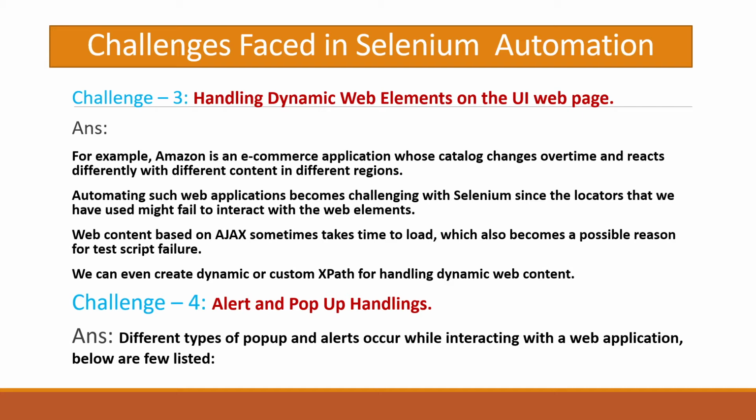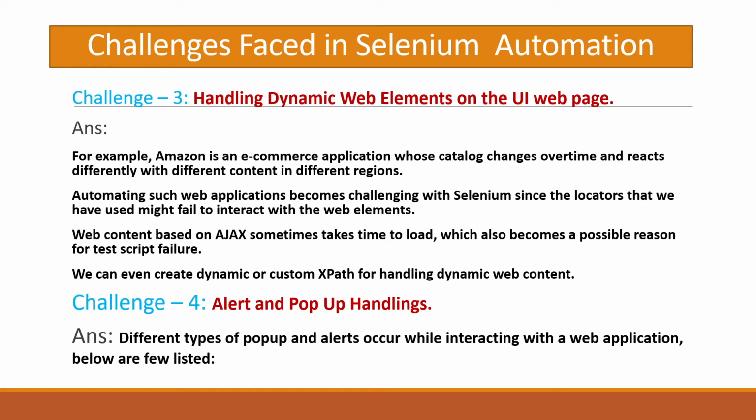Suppose today I want to select some Selenium tutorial article or book from that Amazon application, and it is available today. But when I try to select that product tomorrow, it is not available, because they removed or edited the XPath for that particular web element in the DOM, or they moved it into some other category.